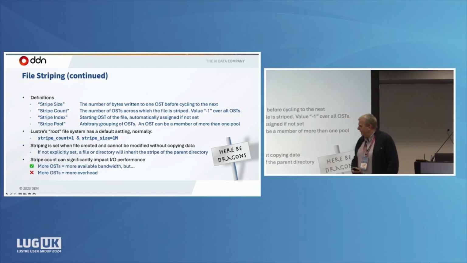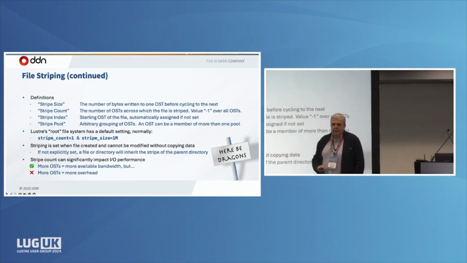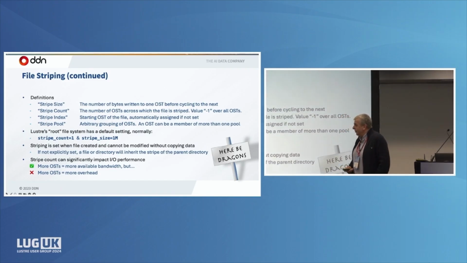We also have another option called stripe pools, which is effectively where you want to put your objects. I'll describe it later on. You may want to put some objects on OSTs which rely on SSDs, and some objects on the hard drives. So you can confine where your stripes are written to, if you wish.